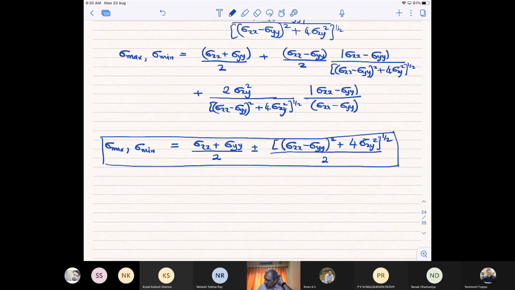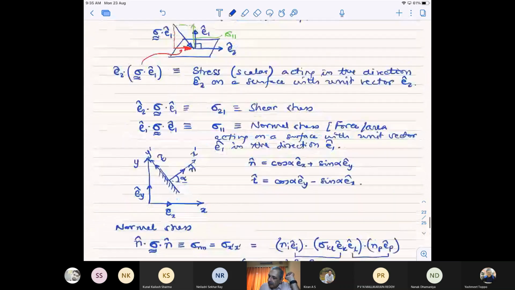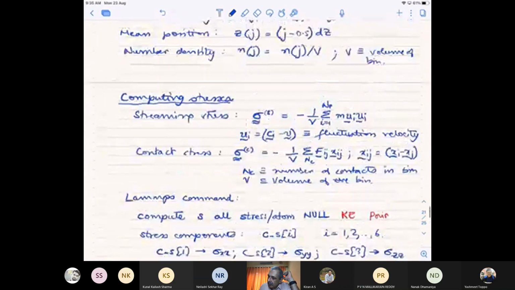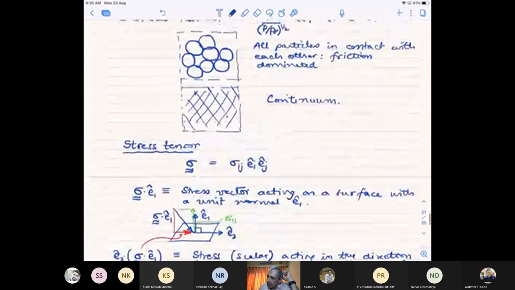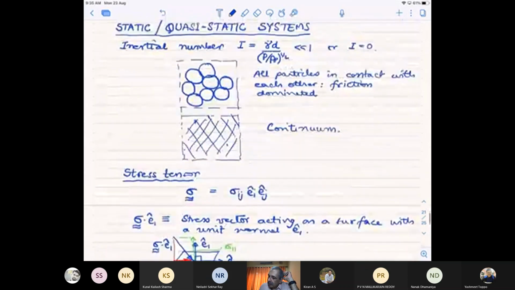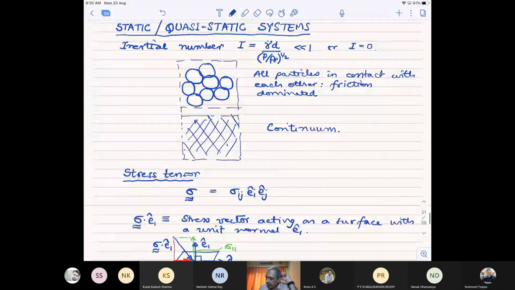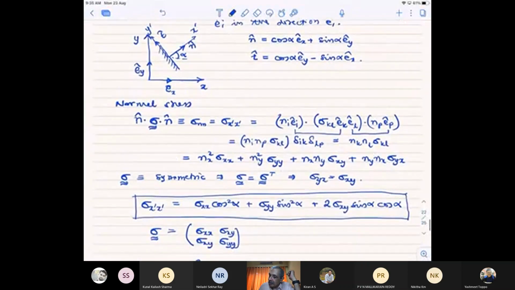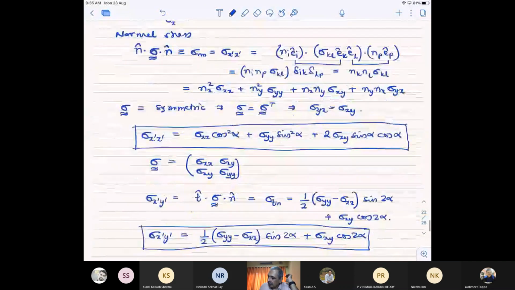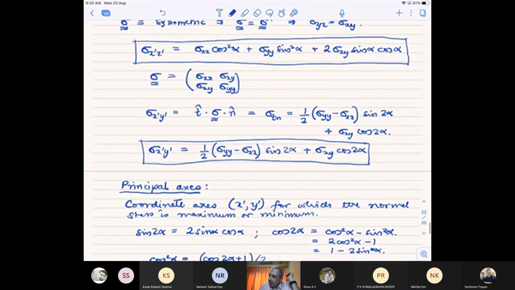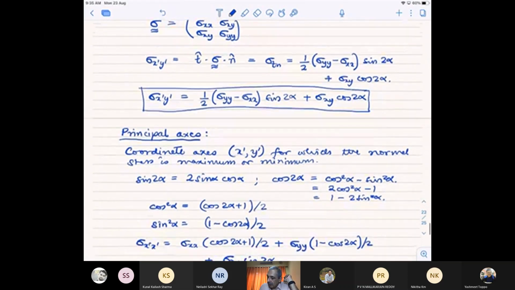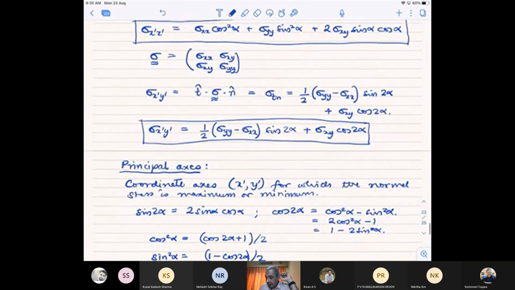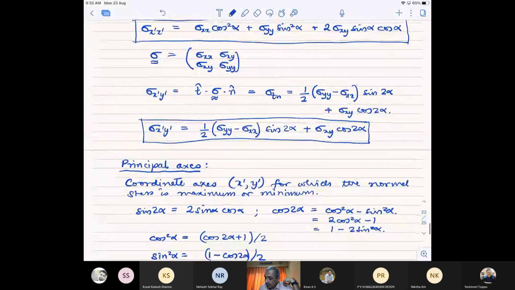So this is the basic idea, that if we go right back, what we started with today is we want to try and look at a system which is dominated by friction. For that, we need to be able to calculate the stress tensor on any plane in the system, and this we did by looking at these components, so we can calculate the shear stress and the normal stress on every plane.